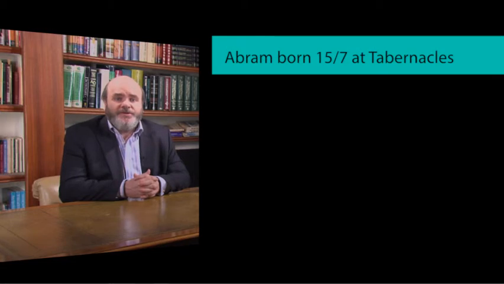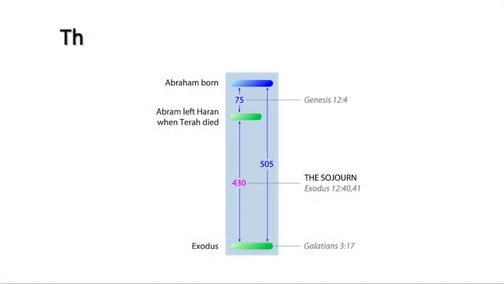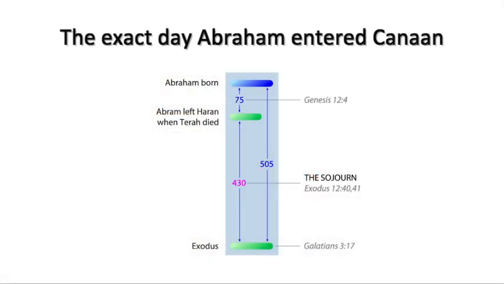Now, we can demonstrate the Bible's perfect accuracy over this period. Previously, we showed that Abram's birth must have happened on the opening day of the new redemption cycle, which was on Tabernacles, the 15th day of the 7th month. We've seen that the length of the cycle from his birth to the Exodus is exactly 505 years, and the time from his entry into the land to the Exodus is exactly 430 years.